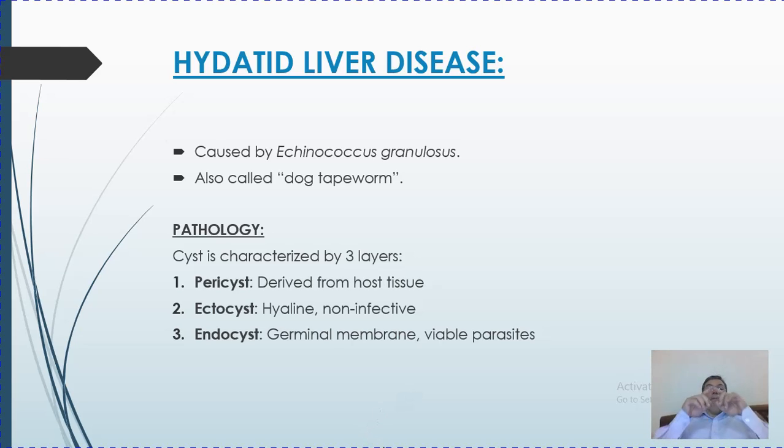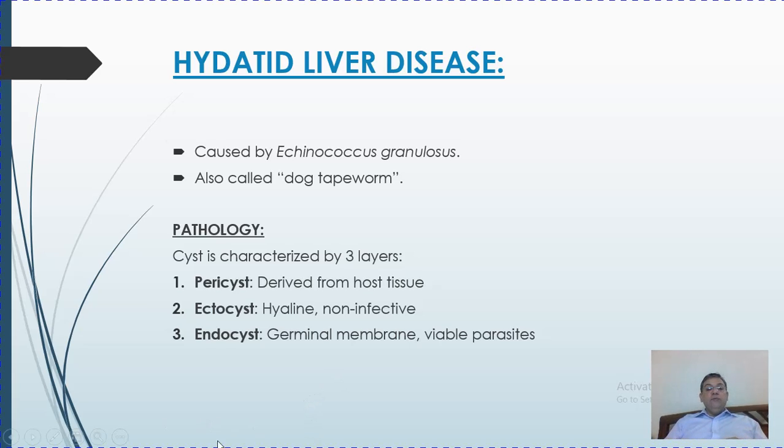There is a pericyst, which is derived from the host tissue. It is the inflammatory response of the host tissue which causes the formation of this pericyst. Then there is an ectocyst, the outer covering or the capsule of the cyst, which is hyaline, and remember, it is non-infective, and an endocyst, which has a living germinal membrane with viable parasites inside.